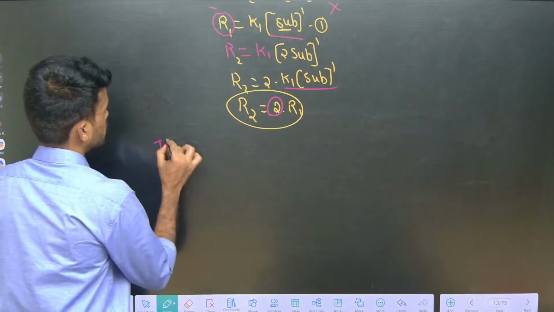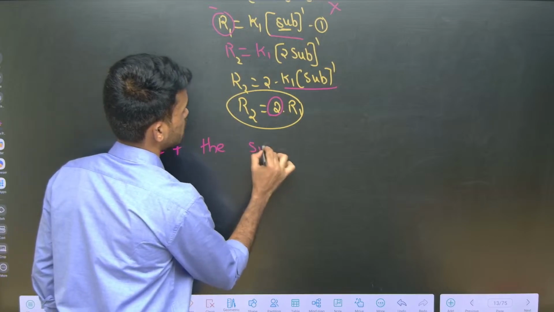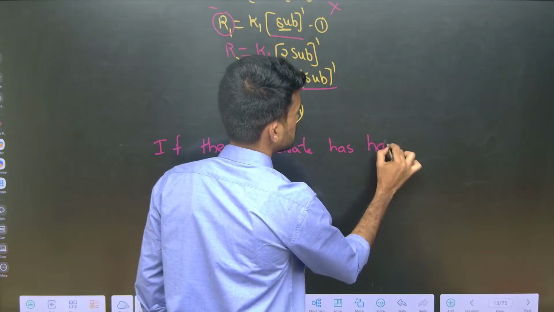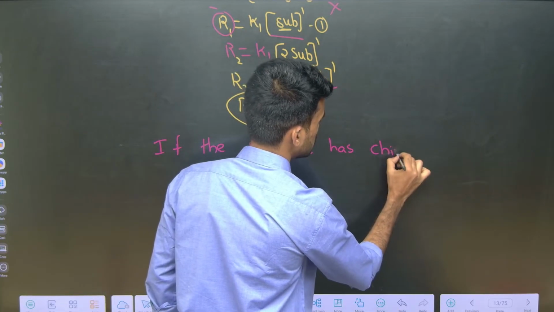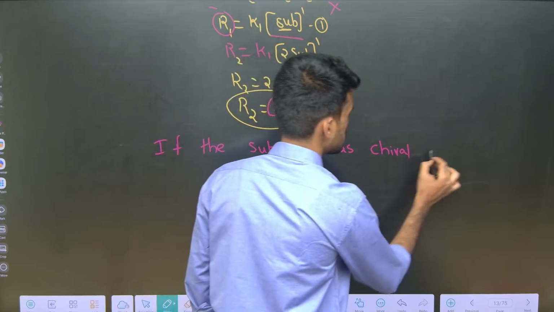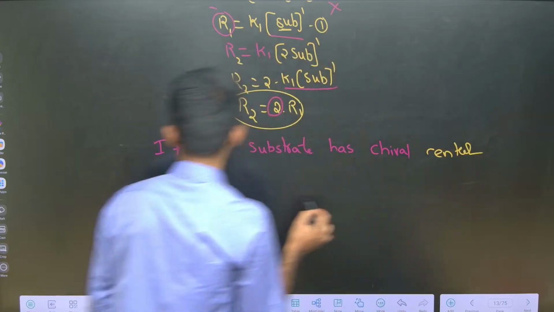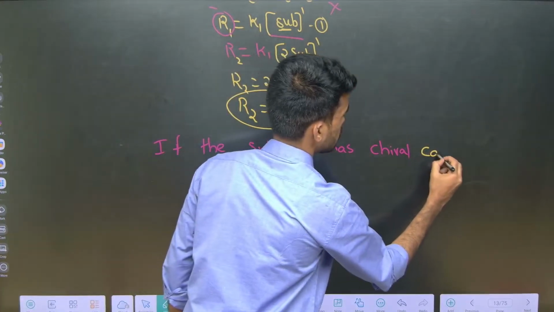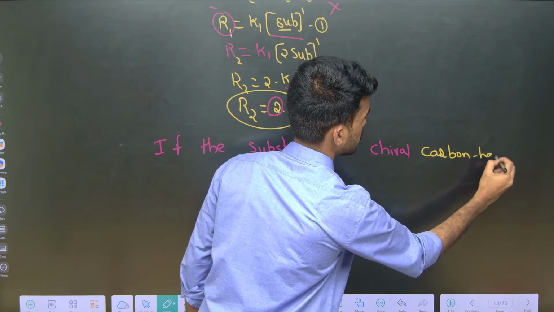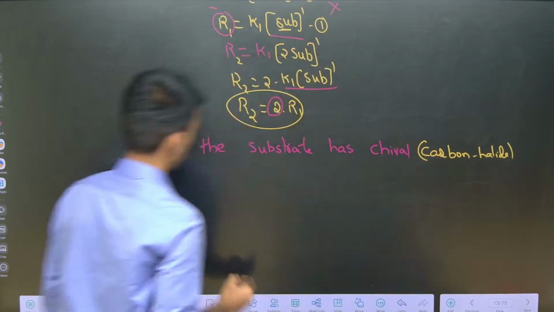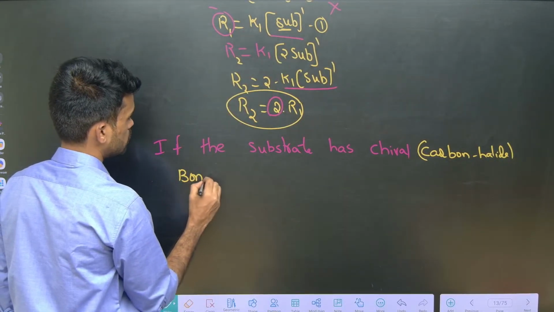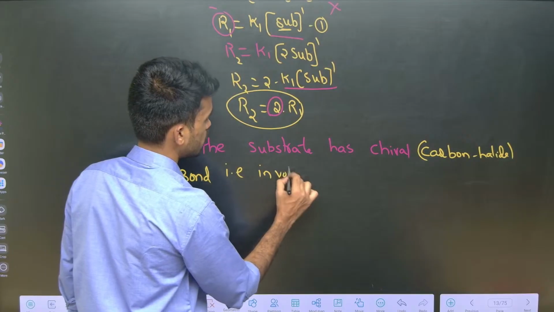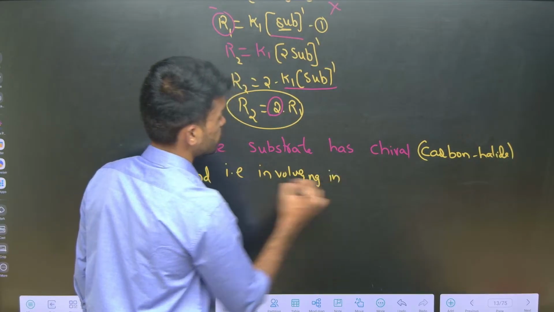See, if the substrate has a chiral center, what is a chiral center? If you don't know, I will explain, no worries. Chiral center, then chiral carbon, halide bond that is involved in the reaction, because we are studying haloalkanes, no?